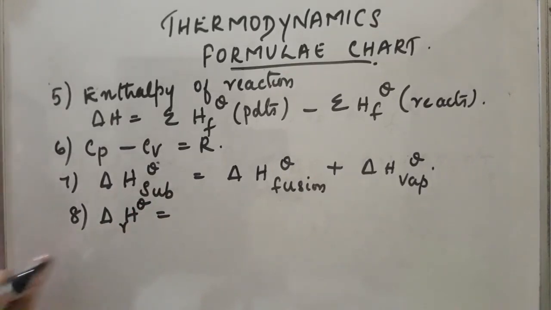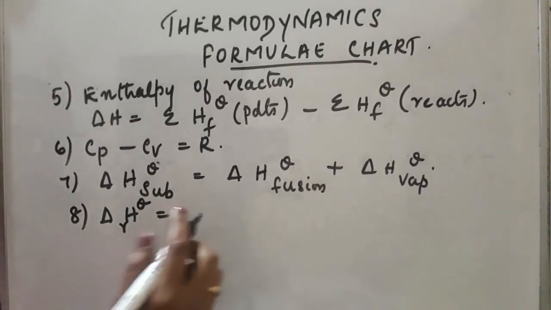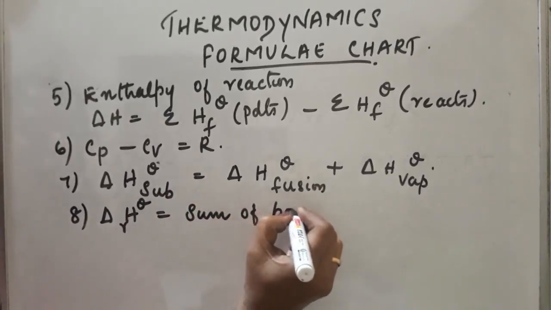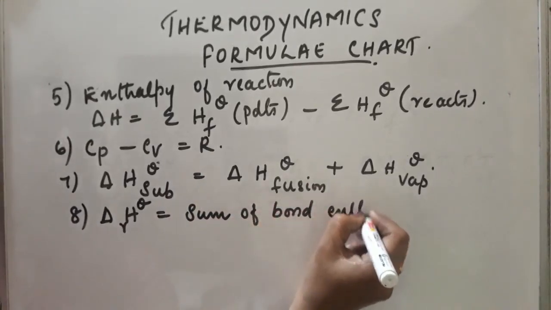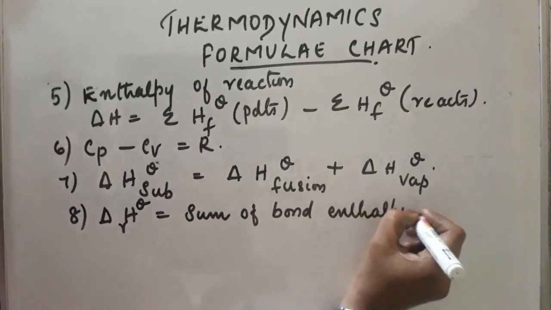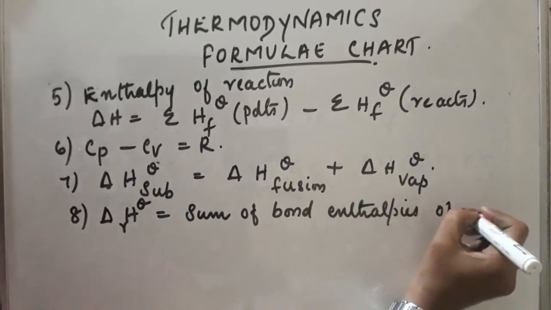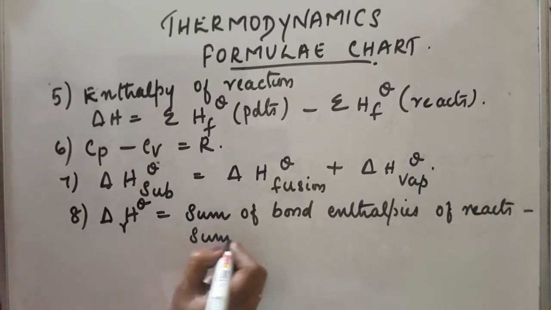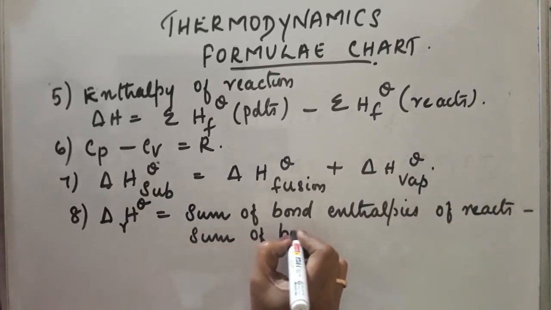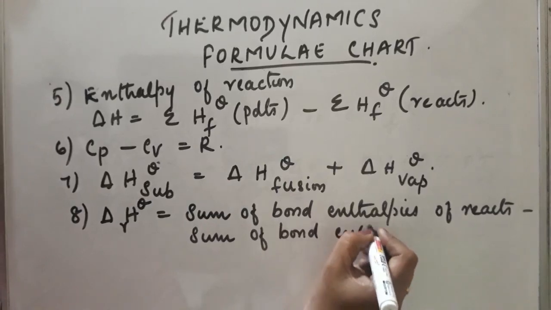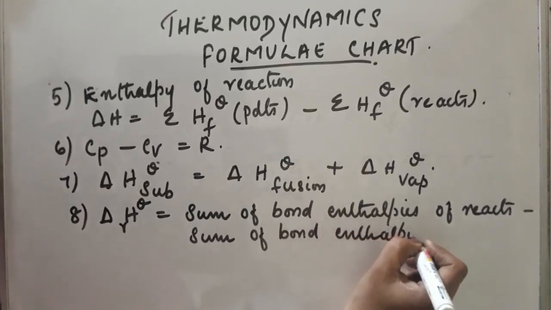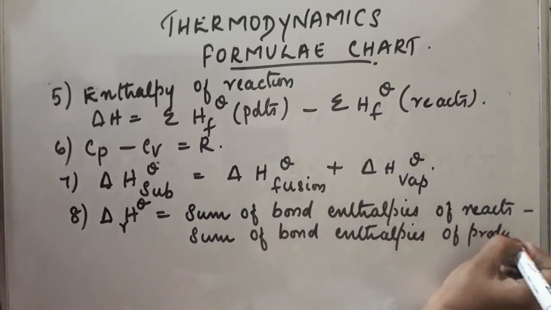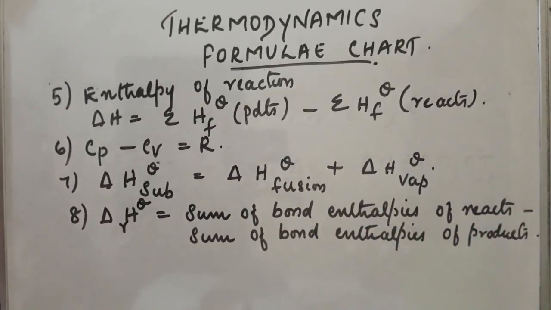So standard enthalpy of reaction will be equal to sum of bond enthalpies of reactants minus sum of bond enthalpies of products.